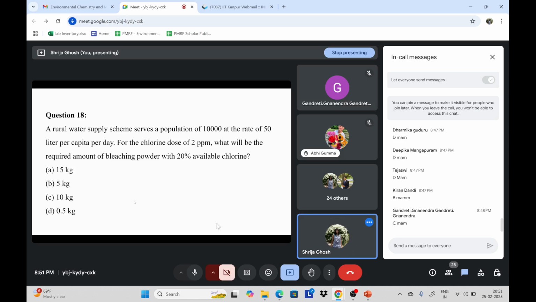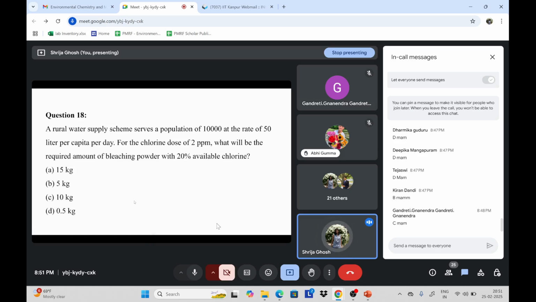First we'll have to find the amount of chlorine required. So chlorine dose is 2 ppm. What would be the amount of chlorine required for the whole population? After calculating the amount of chlorine, we can calculate the amount of bleaching powder, considering that only 20% is there.